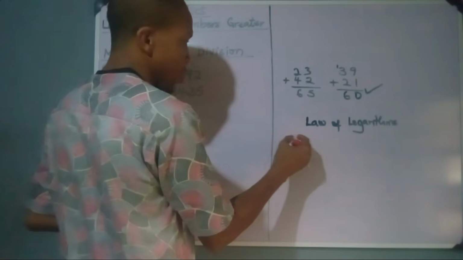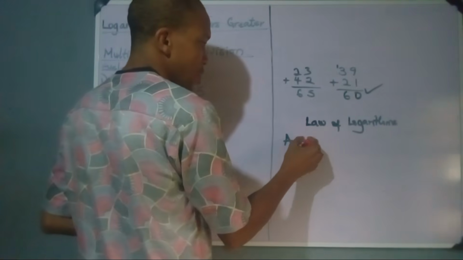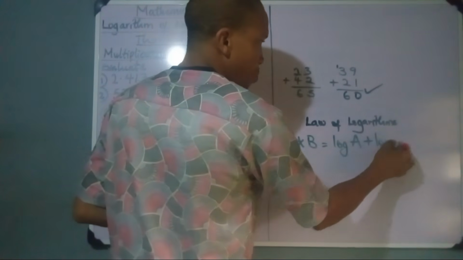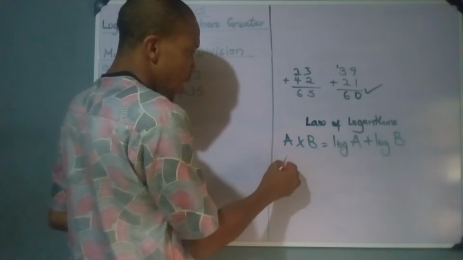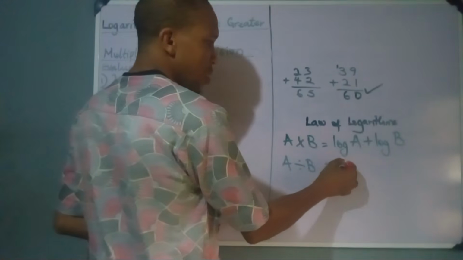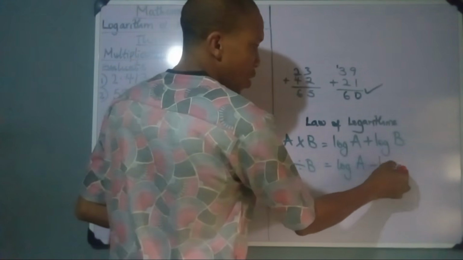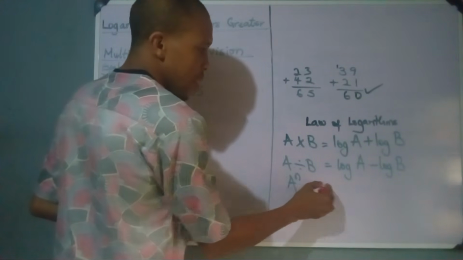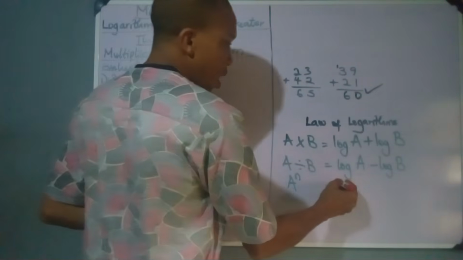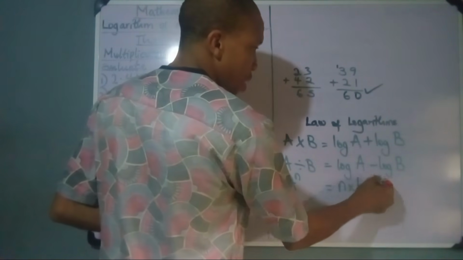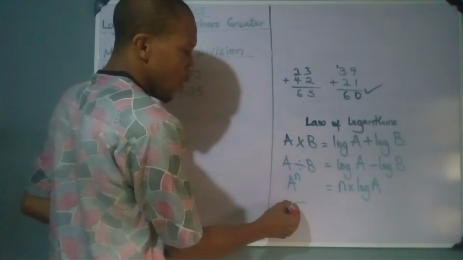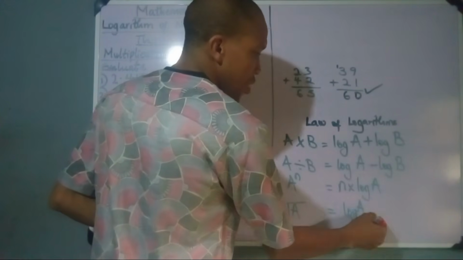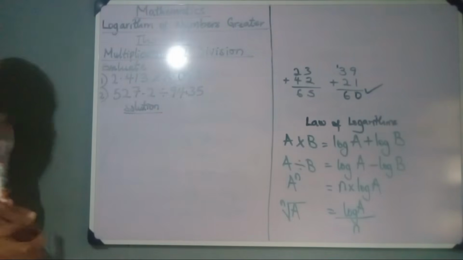So, one of the rules is when you have something like A times B, in logarithm, it's the same thing as saying log A plus log B. Also, A divided by B in logarithm is log A minus log B. Then, when you have A raised to power n, where n is any power of A, that would be n times log A. Then, if you have the nth root of A, like square root of A or cube root of A, that will be log A divided by n. These are the basic laws of logarithm.